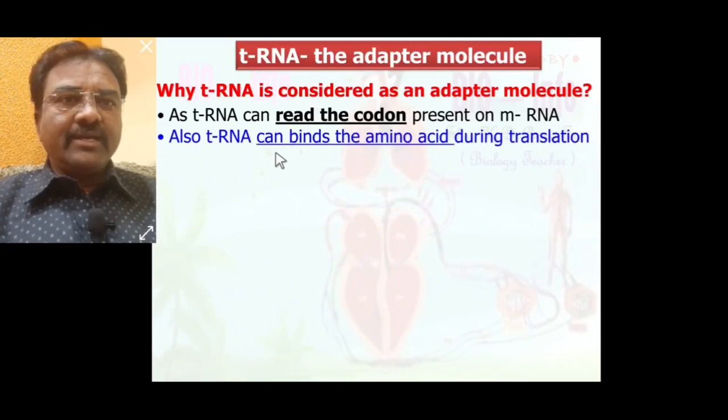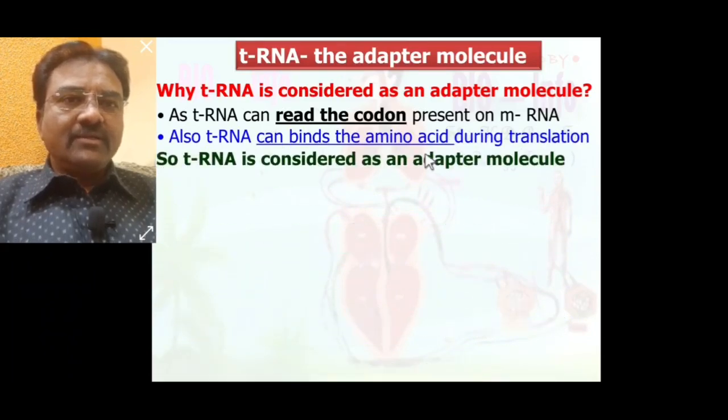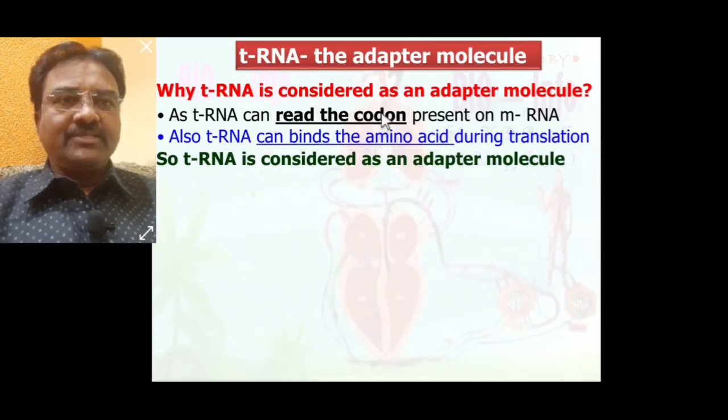Also, tRNA can bind the amino acid during translation. So tRNA is considered an adapter molecule.